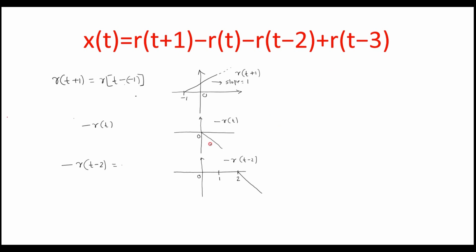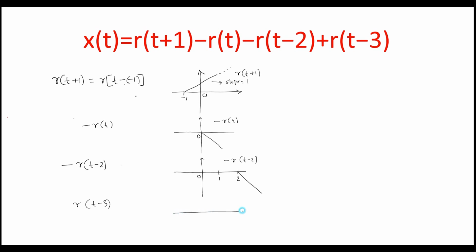So now next one is r of t minus 3. Here the slope of this ramp signal is plus 1, which begins at t equal to 3.